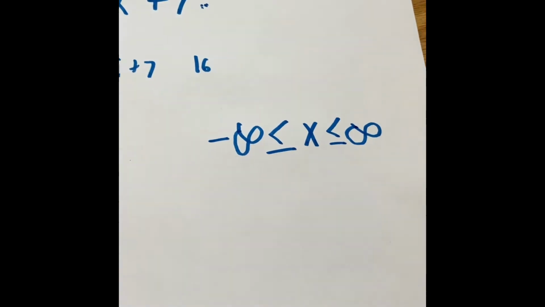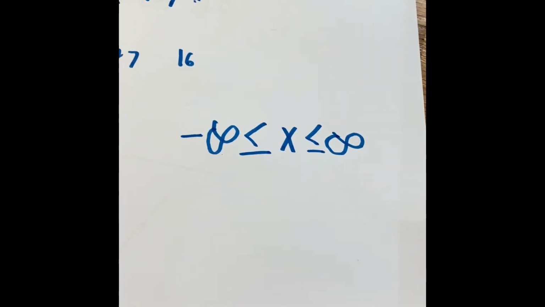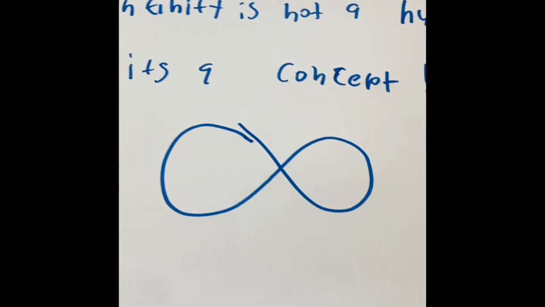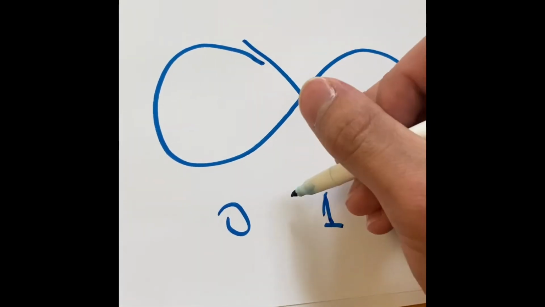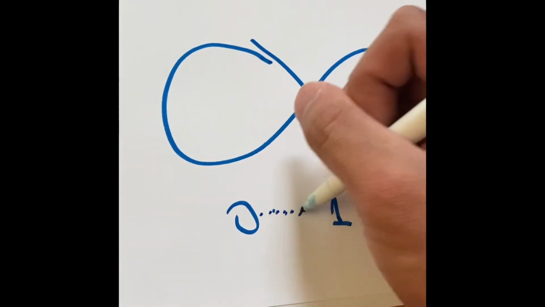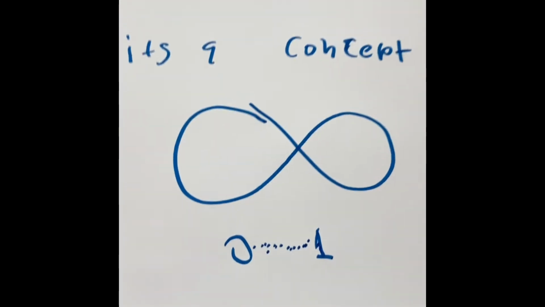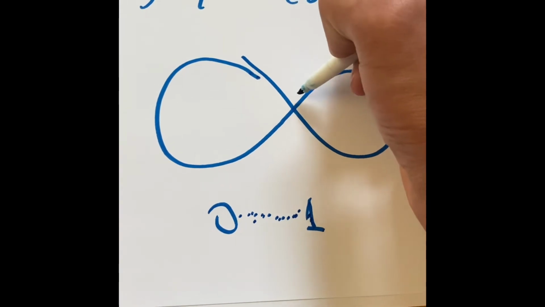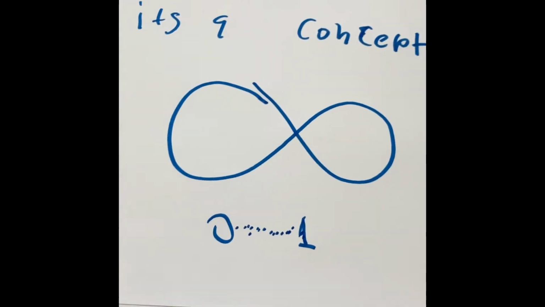There's actually a really fun fact: you might think infinity is a number. Well, infinity is not a number, it's actually a concept, because there are an infinite amount of numbers between 0 and 1, and there are many tiny numbers in between them, which are tiny, cute decimals. And if you really like big numbers, mathematicians use infinity to count upwards, and it tells you that there's no biggest number.